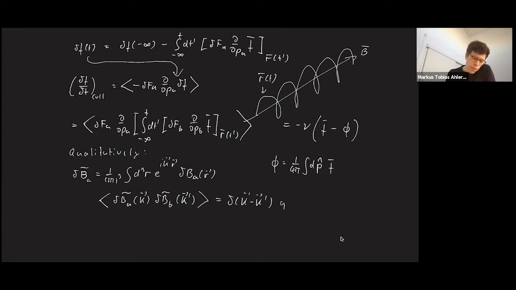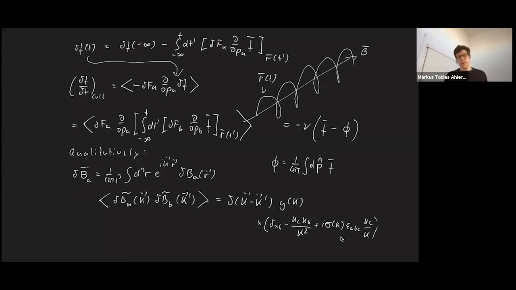It then scales with the function g(k), multiplied by a tensor that looks as follows: delta_AB minus k_A k_B over k squared, plus i sigma(k) epsilon_ABC k_C over k.